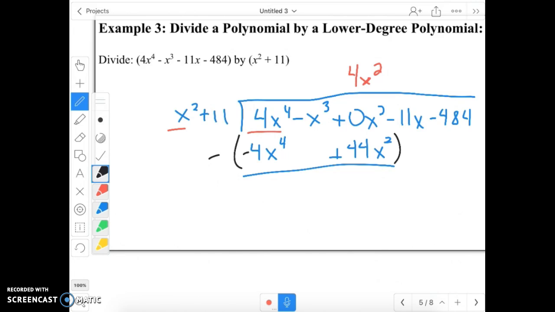So this is negative and this guy's negative. Shoot, that's all right. So this cancels out. Now we have a negative x cubed minus 44x squared, and I still have to bring this term down.